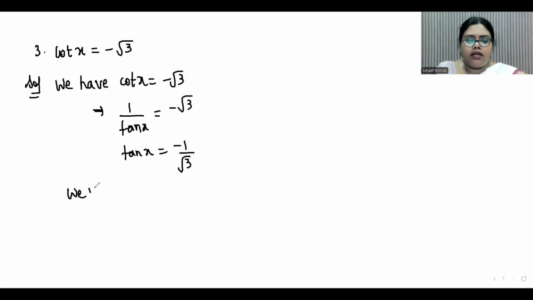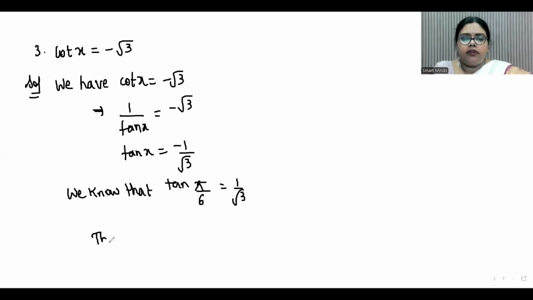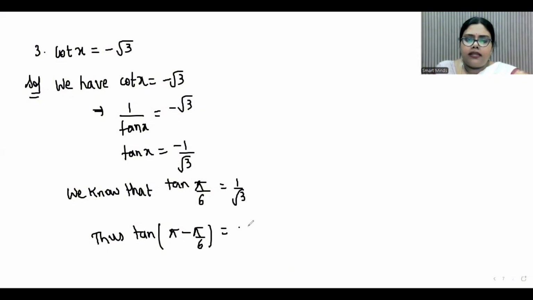Now we know that tan 30, that is tan pi by 6, is 1 by root 3. Thus, tan of 180 minus 30 is minus tan pi by 6, which is equal to minus 1 by root 3.